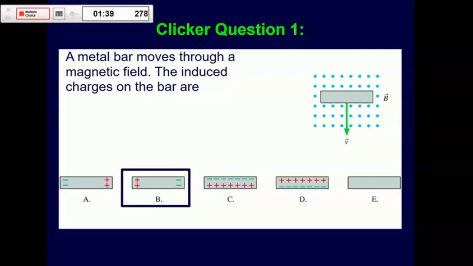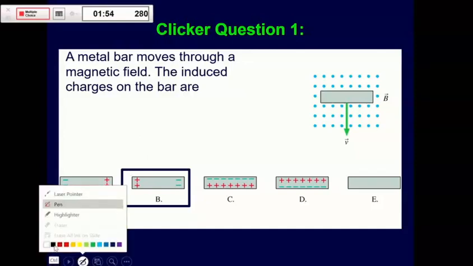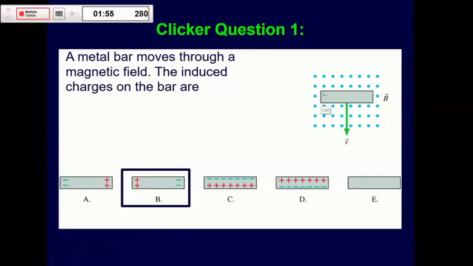My palm would be the force on a positive charge. So the positive would move that way, and the negative would move that way. In reality, it's just the electrons that are moving, but they move in a way that leaves those positives back there. So it works exactly how we'd want it. You'd get some positives over here and some negatives over here. If I do my right hand rule, the force from magnetism on the positive charges would push that way there.